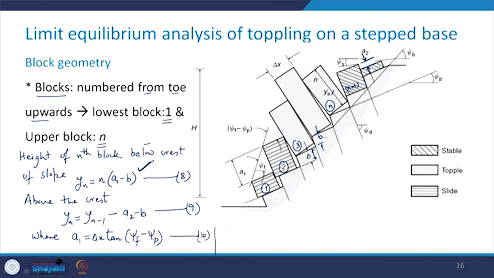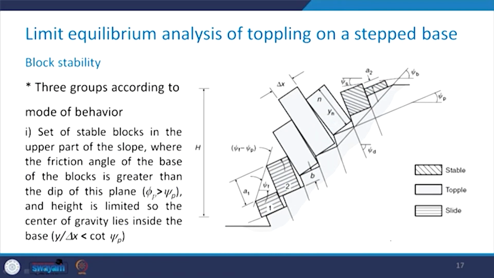Then a2 will be equal to delta x tan of psi p minus psi s, that is equation number 11, and b is going to be equal to delta x into tan of psi b minus psi p. This is equation number 12. So, this is how the block geometry for each of the blocks can be determined.